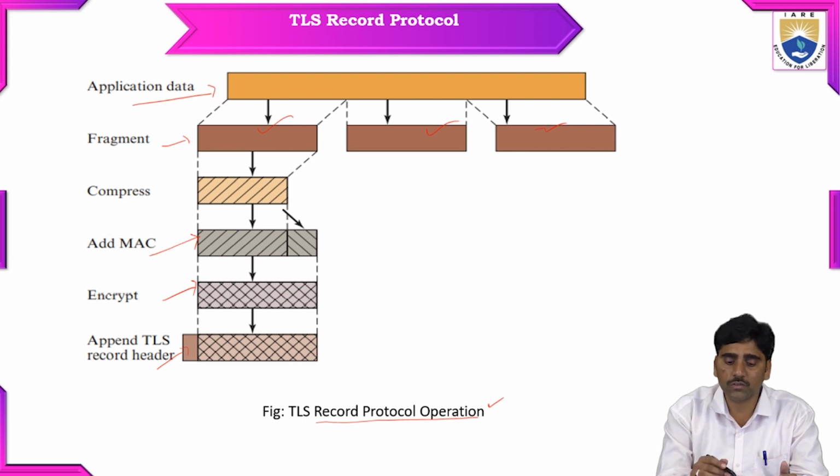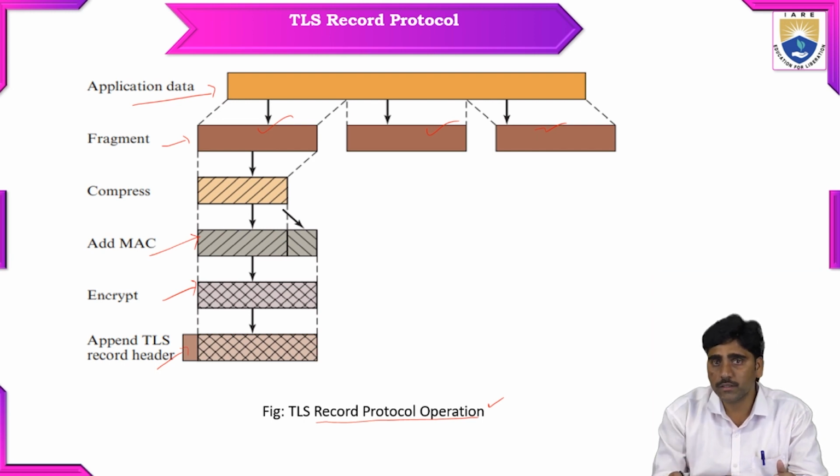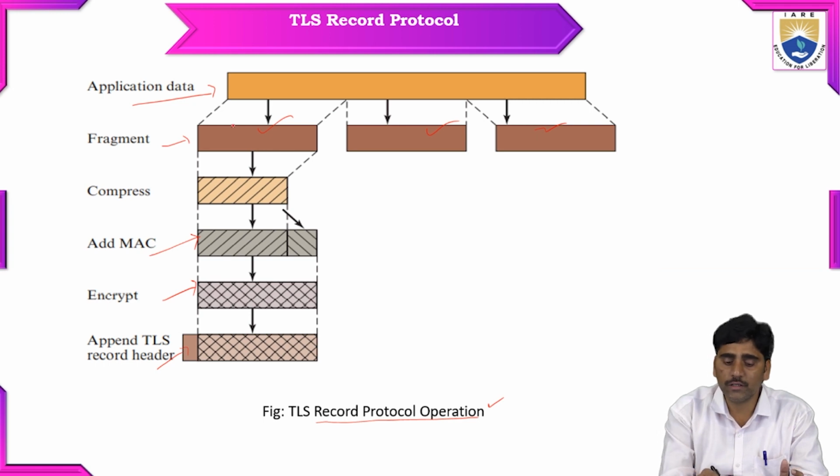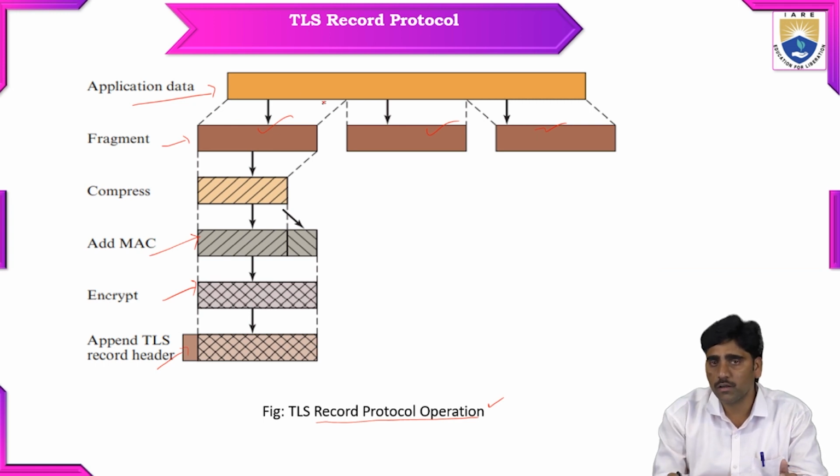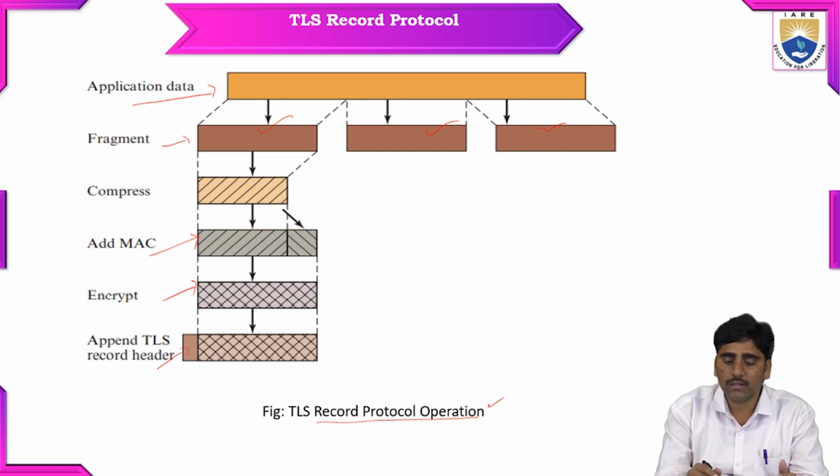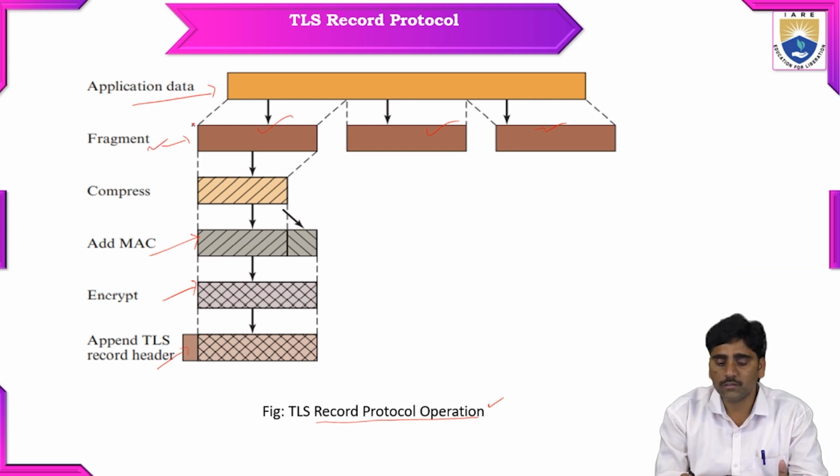So what are those phases? First, the application data to be transmitted is divided into different blocks called fragments. Each block is then compressed. Then MAC, the message authentication code, is added to the compressed data.